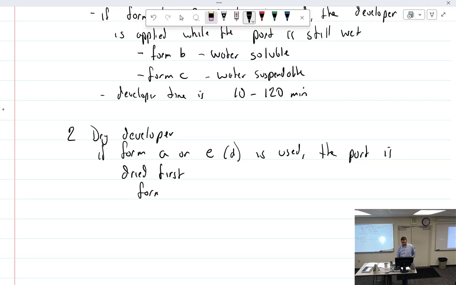Form A is dry powder. Form E or D is non-aqueous, or solvent-based.